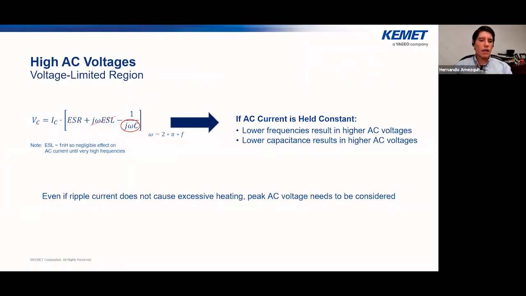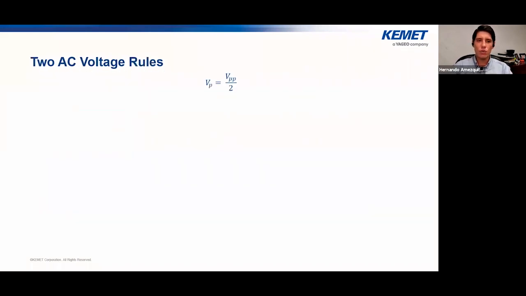This means that even if the ripple current does not cause excessive heating, the peak AC voltage needs to be considered. So let's talk about these two rules that I mentioned previously. We have the peak voltage, and just to refresh our minds, the peak voltage is the peak-to-peak voltage divided by 2.